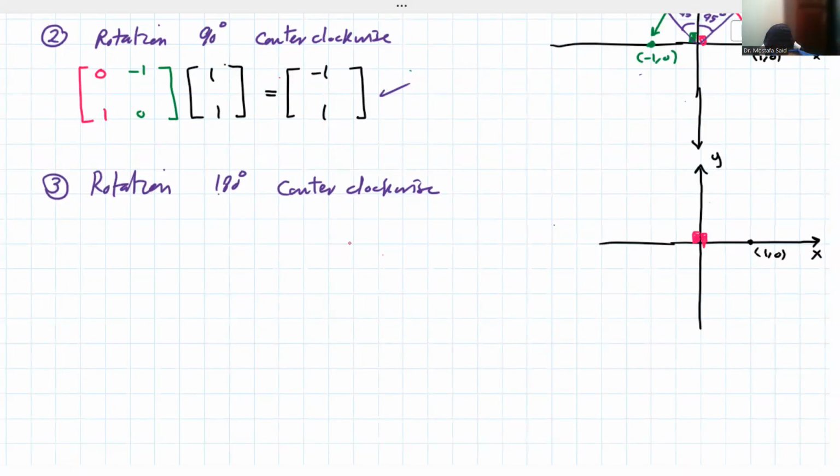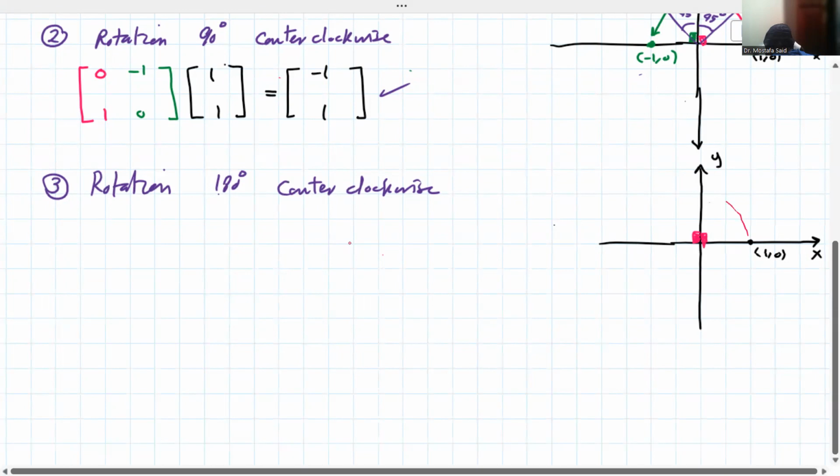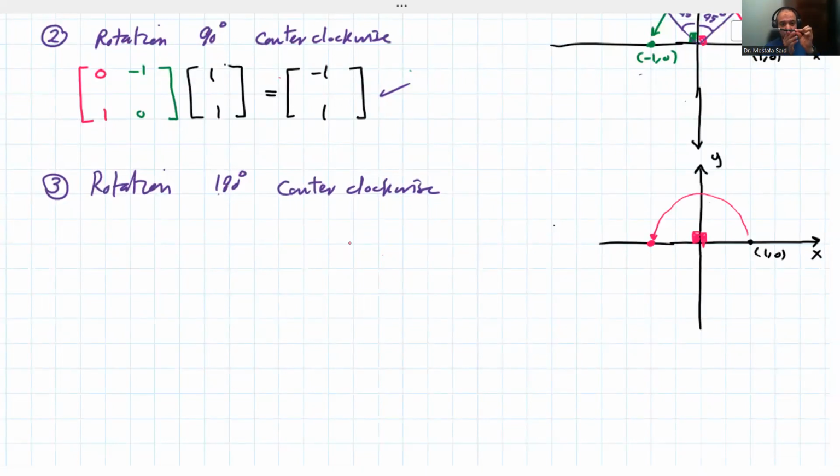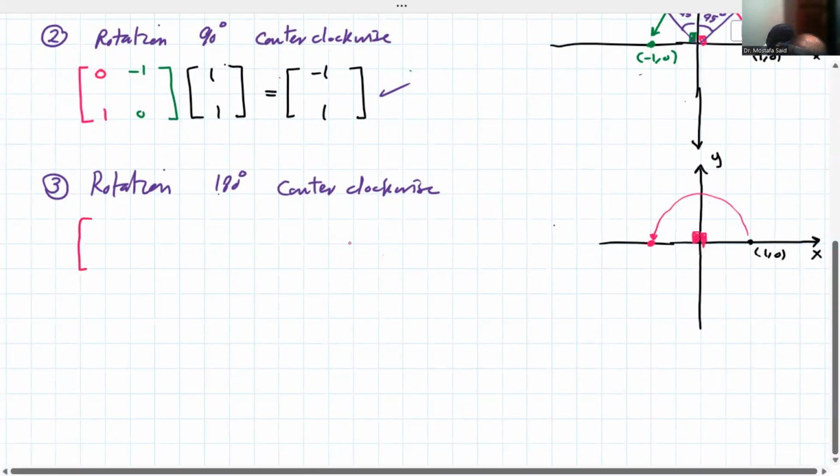We're going to move like that, and we're going to end up at that location on the negative x-axis. So what is the 1, 0 now? This is -1 and 0. -1 in x and 0 in y. Good. That's the first point.